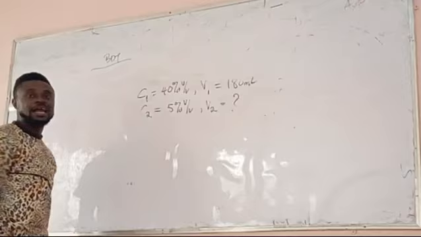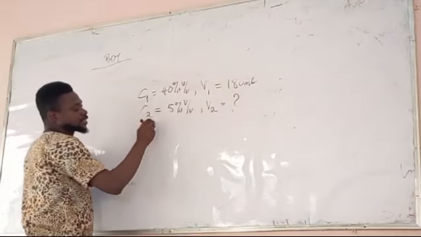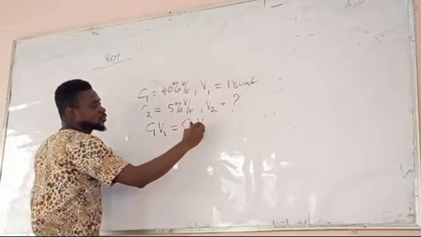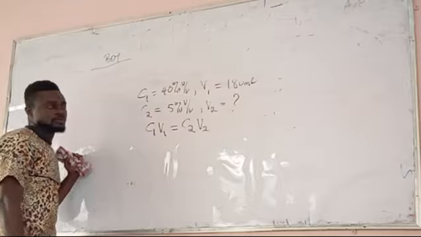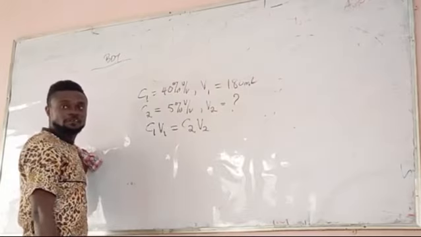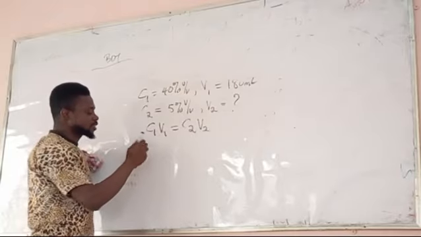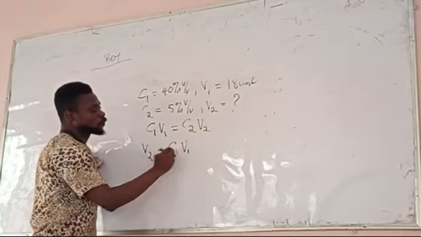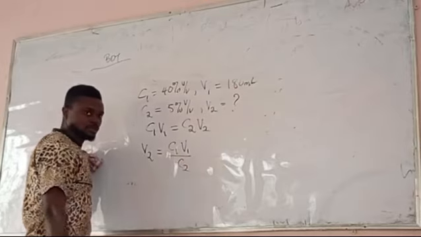Now, using the dilution formula, C1 V1 is equal to C2 V2. We are looking for V2, so we make V2 the subject of the formula. This becomes V2 is equal to C1 V1 over C2.